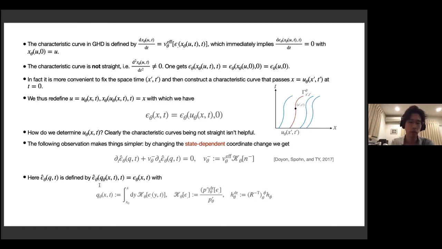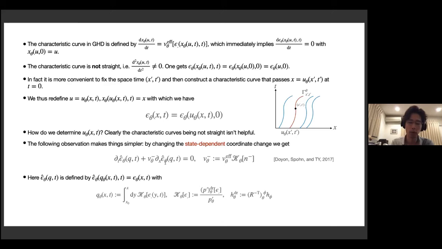So with this q, epsilon hat is defined in such a way that if q theta is plugged in here, then it produces epsilon theta in this way. And then this epsilon hat of q and t can be shown to satisfy this kind of free transport equation. So this transport velocity is not really t dependent anymore, but it's really a constant velocity.